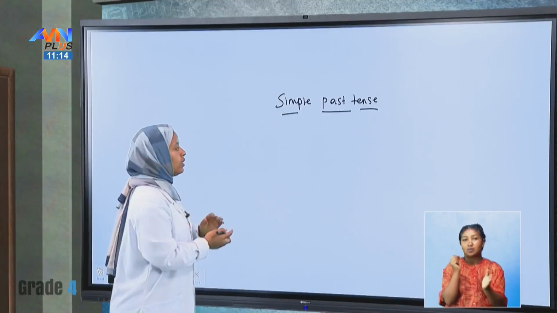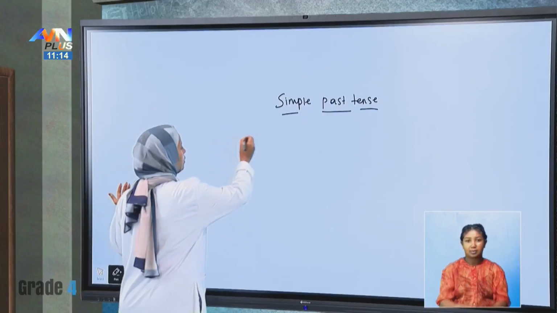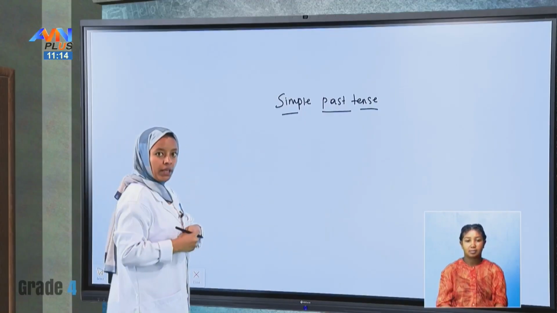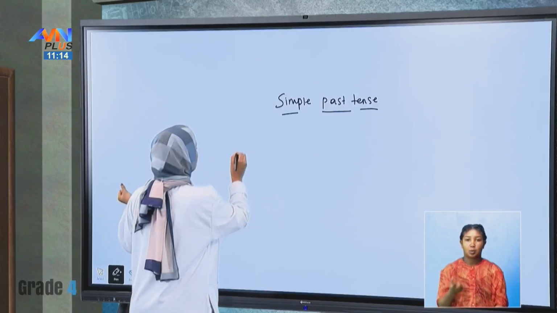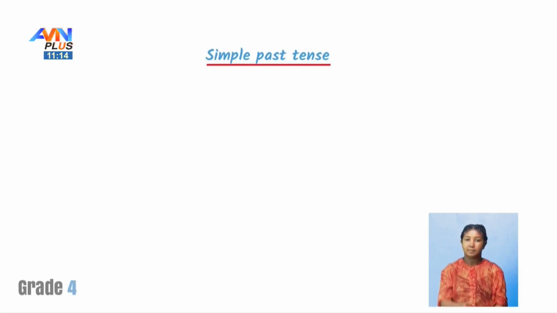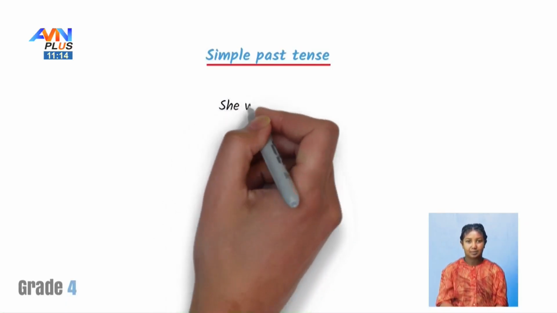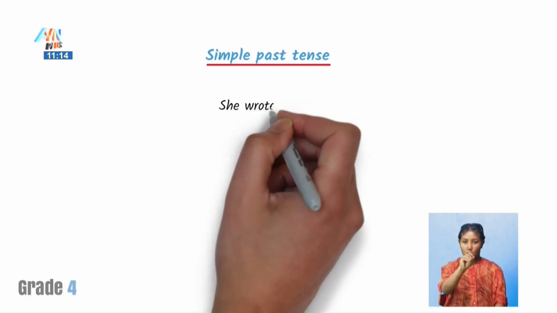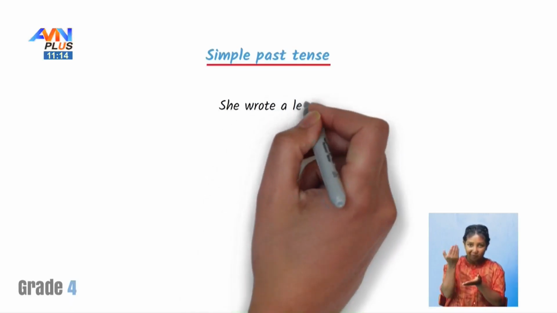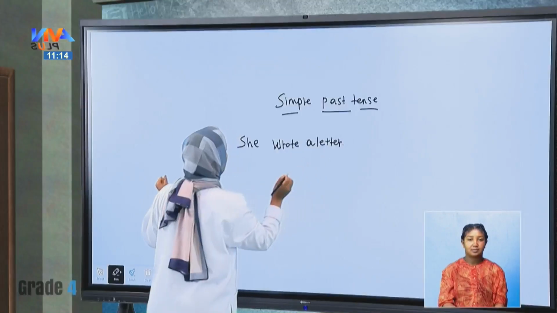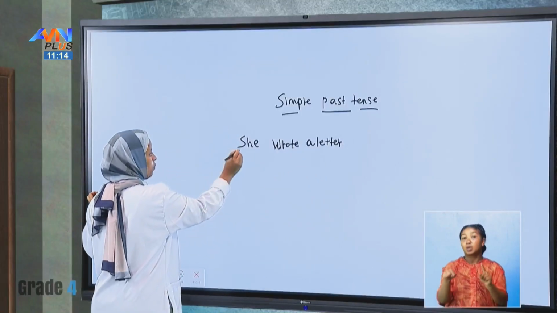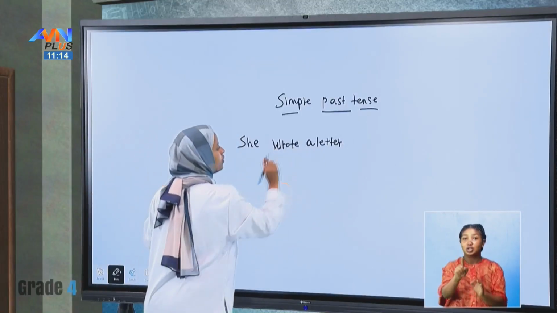For example, in a positive sentence or affirmative sentence, we can say here, she wrote a letter. Here is the positive form. She wrote a letter.